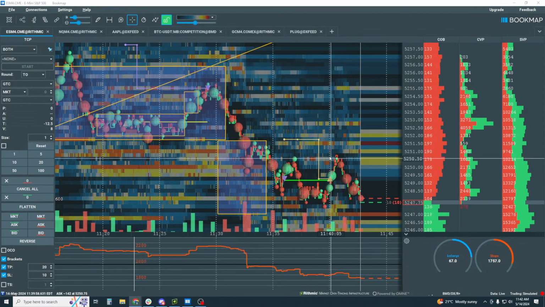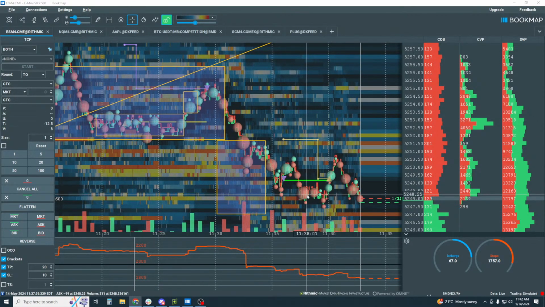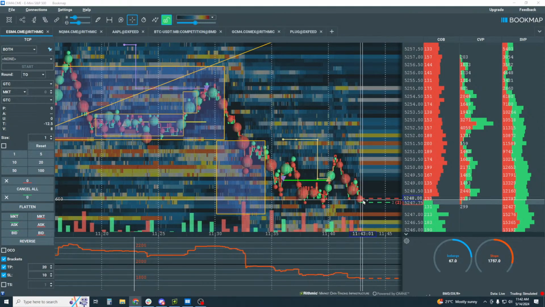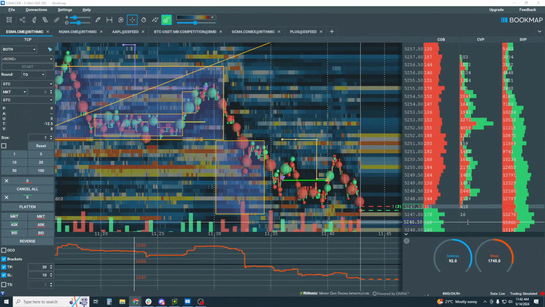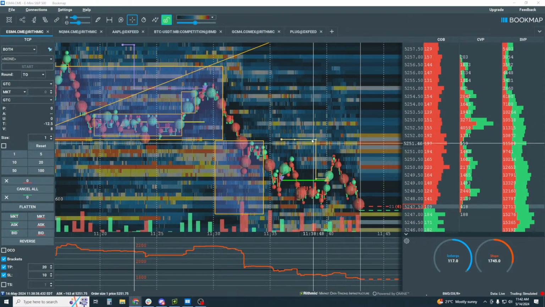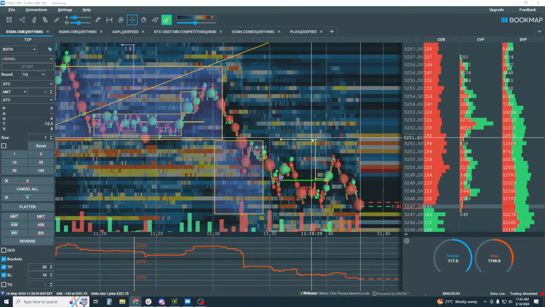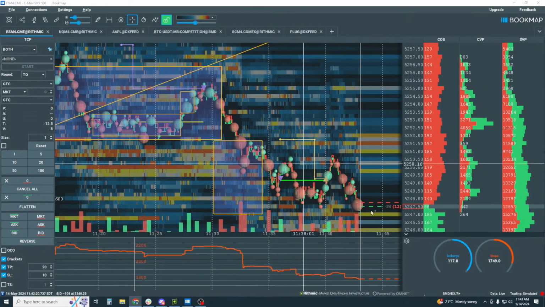This is our exhaustion here on this trend to the downside, right? So we should get follow through here, likely to a high volume node down here, or maybe follow through past that area as well. And here we go, here's our move. And here's our exhaustion at the top of this range.